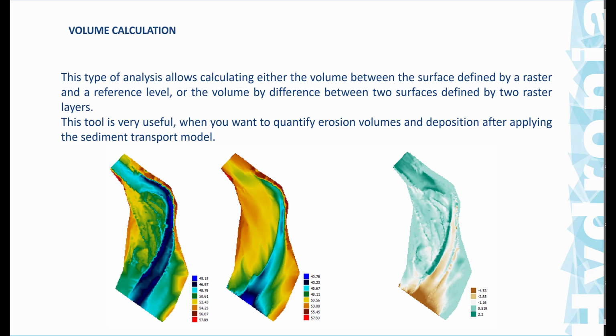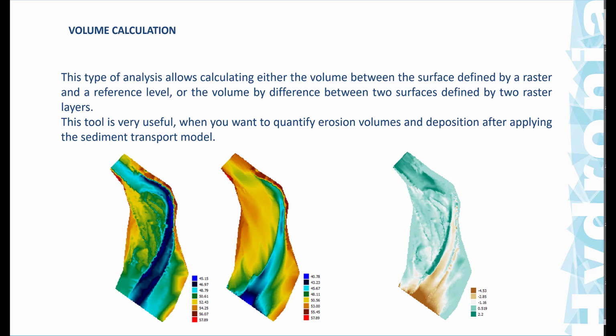For instance, assume you are using the Hydrobit model as a sediment transport model. So you're analyzing a river and you want to know the erosion and deposition volumes that occur in the river. So you want to know if the river is degrading or is aggrading.